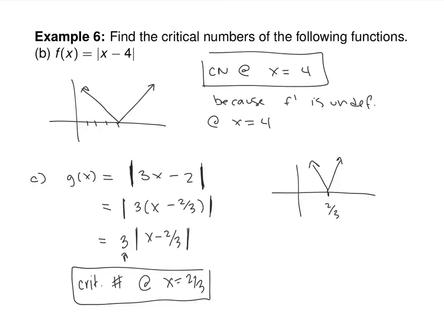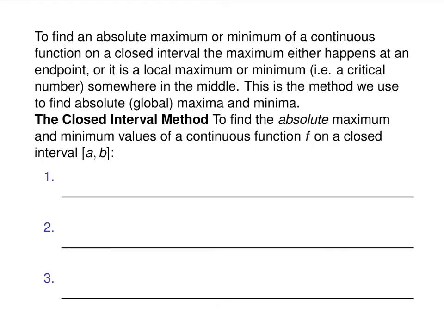Okay. So now we're going to actually find maxima and minima. All right, so this is something called the closed interval method. To find the absolute maximum and minimum values of a continuous function on a closed interval, the first thing you do is you find the critical numbers.